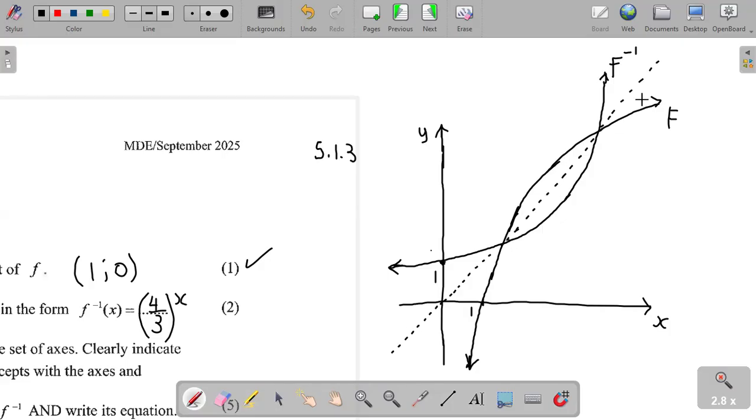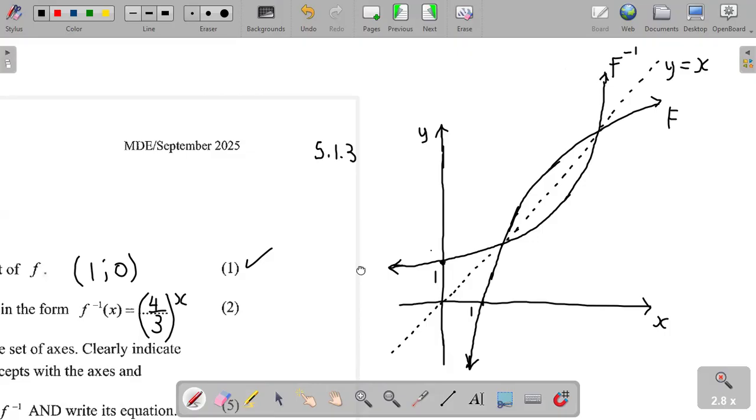And then the axis of symmetry here will be y equals x. So yes, this is what we are.